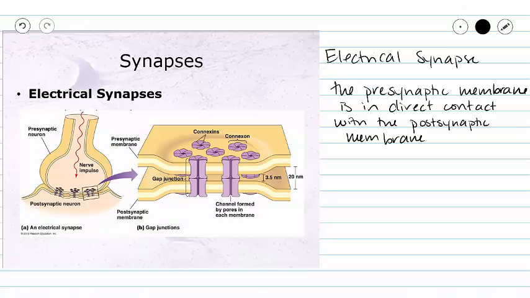In an electrical synapse, our presynaptic membrane is in direct contact with our postsynaptic membrane through gap junctions.